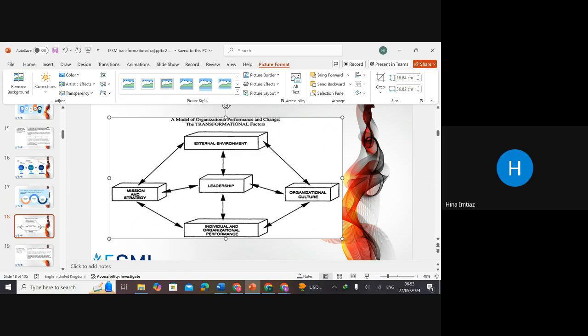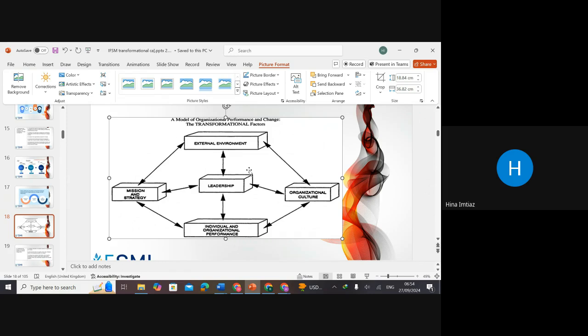By knowing this model, you will see that a leader will be able to control the external environment, because everything will be dealt with by such a type of leader or management. They must have the ability to cope with the external factors, the external environment, and the organization culture, by keeping in mind the mission and the strategy: what they want to deliver, what they want to apply, and what strategies they want to implement.